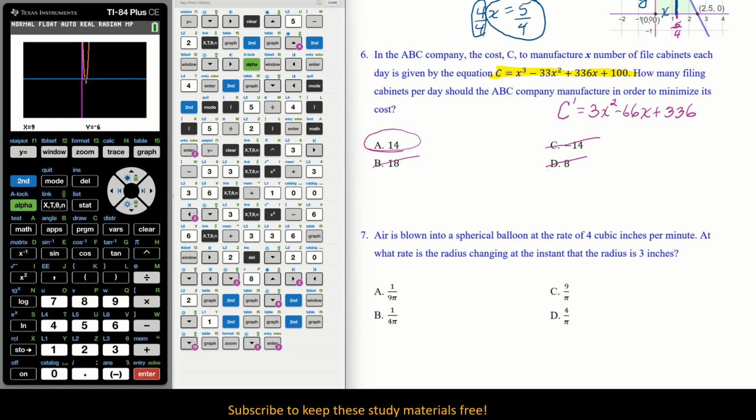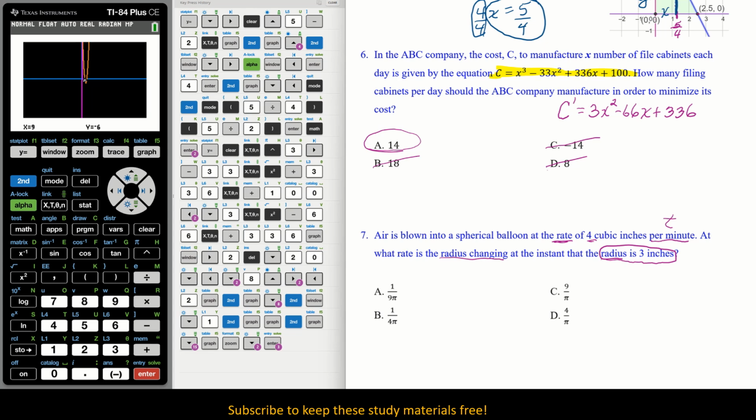Okay, number 7. Air is blown into a spherical balloon at a rate of 4 cubic inches per minute. Per minute is time. At what rate is the radius changing at the instant that the radius is 3 inches? The word rate is important.